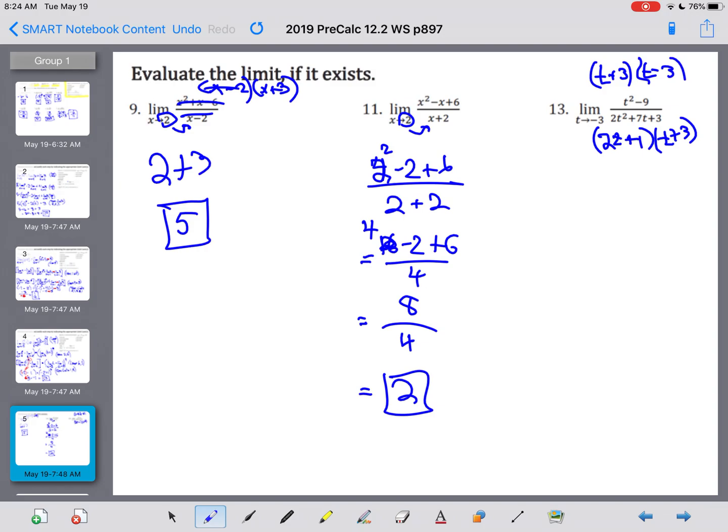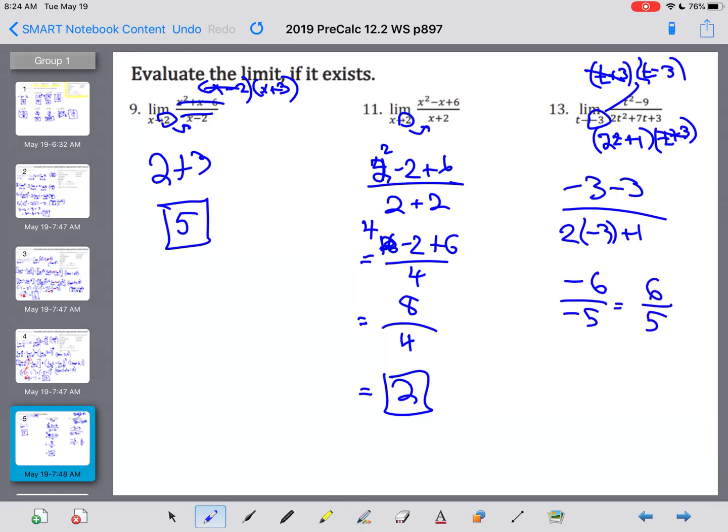If I plug in negative 3 in there, I will get a 0, so I need to go ahead here and cancel these pieces. So now I'm going to take this and plug it in there, so I get negative 3 minus 3 in the top for number 13. In the bottom here, I'm going to get 2 times negative 3 plus 1. That gives me negative 6 over negative 5, which equals 6/5 for this one here. And that's number 13.